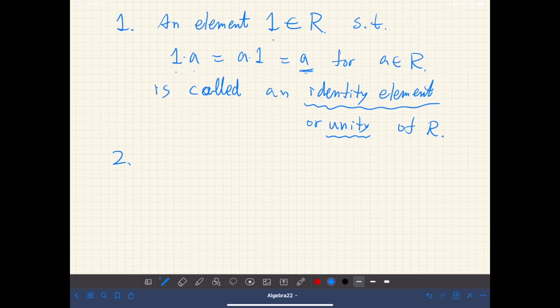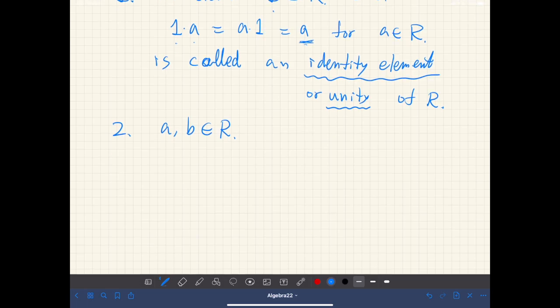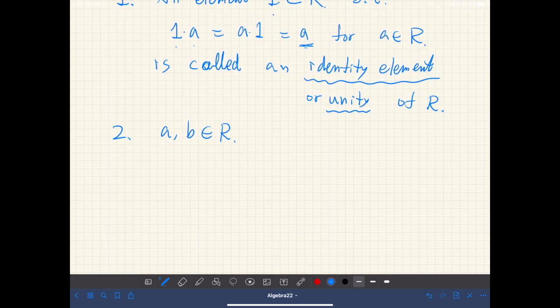And second, let's say a, b are elements of R. If ab is equal to ba, then we say a and b commute.